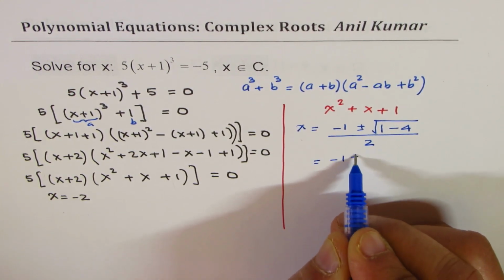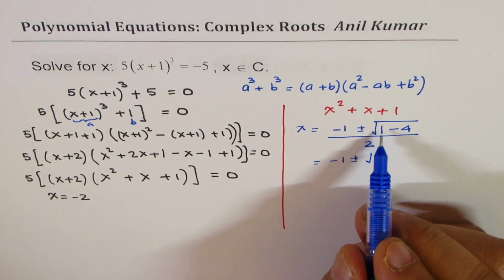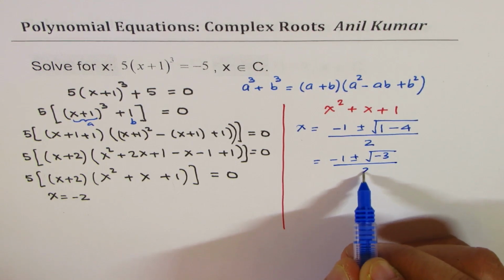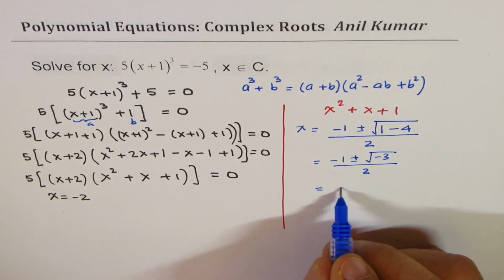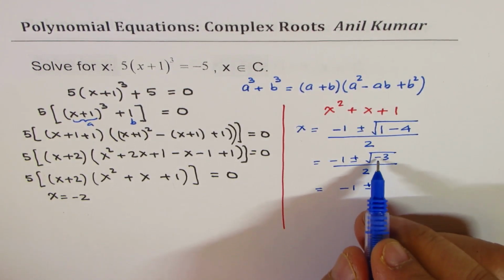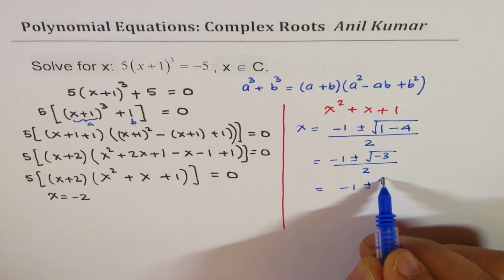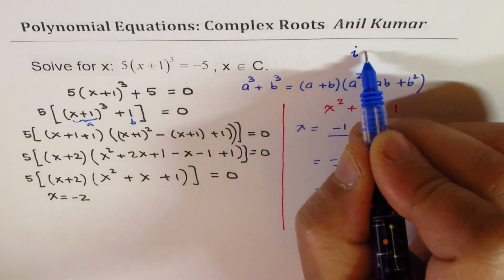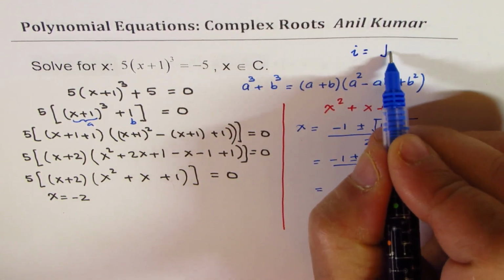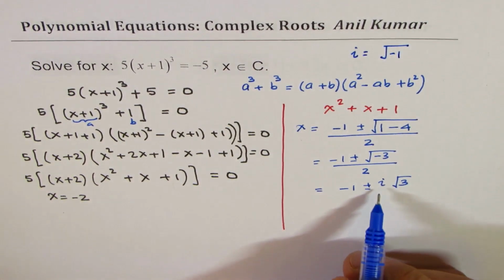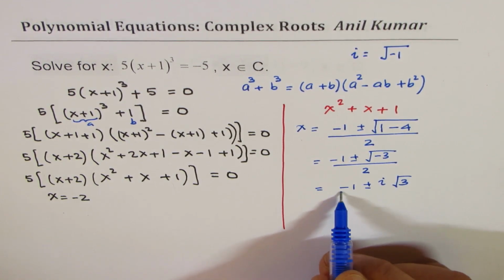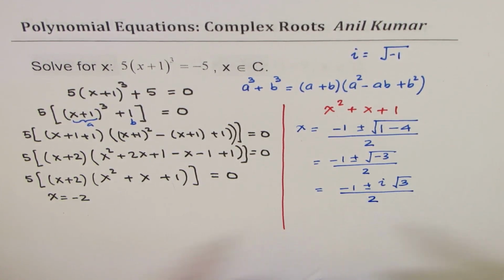That gives you minus 1 plus minus square root of 1 minus 4, which is minus 3, over 2. So that gives you minus 1 plus minus i square root 3, where i is equal to square root of minus 1. These are complex conjugate roots, divided by 2. So these are the two roots.